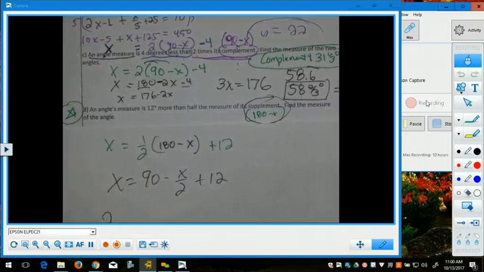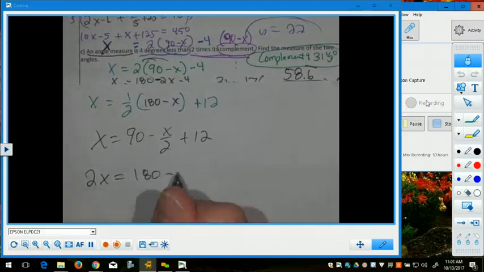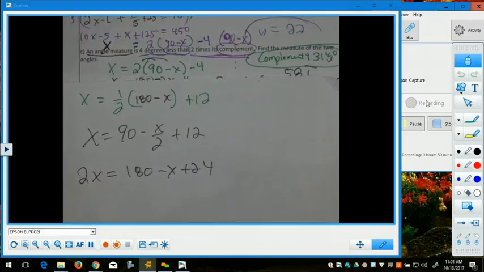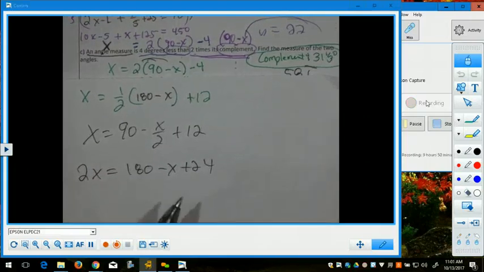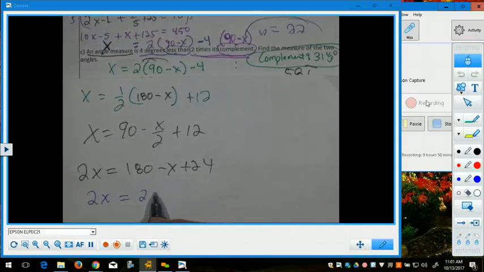So now I'm going to multiply everything times 2. 2x equals 180 minus x plus 24. I'm going to combine like terms. That's going to be 204, right? No. Yes. 180 plus 24, 204.